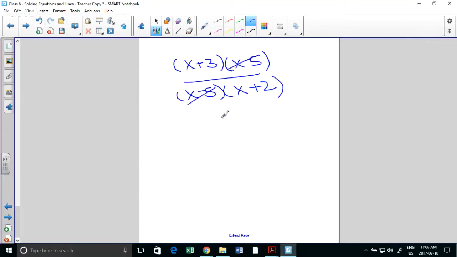So in theory, my answer is x plus 3 over x plus 2, but my restrictions still would be x cannot be 5 and cannot be -2, because those restrictions existed in my original equation, so it's still a restriction. So that's why you do restrictions before you cancel.